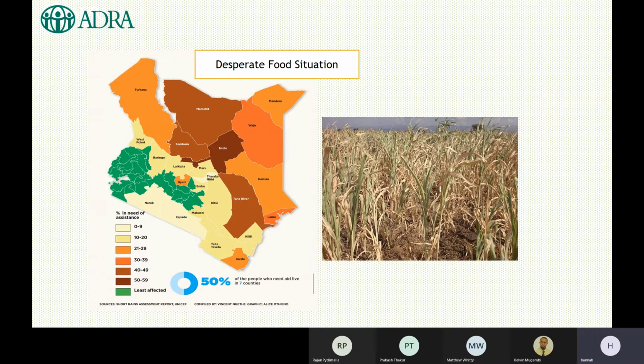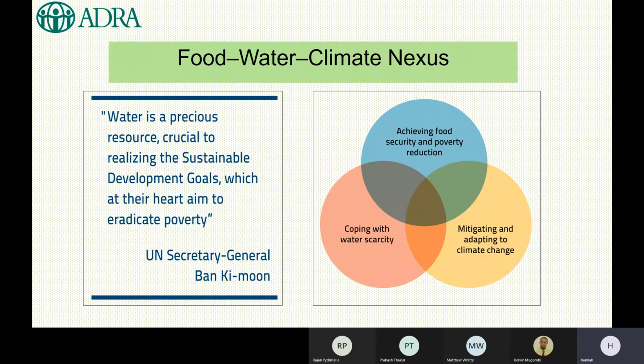It shows various areas which are food insecure and in need of emergency assistance. We are going to look at these areas, especially in the eastern province of Kenya, which is a semi-arid area, and where ADRA Kenya has been quite involved.